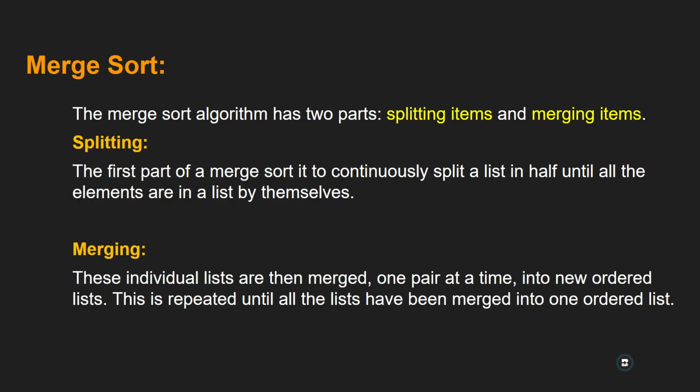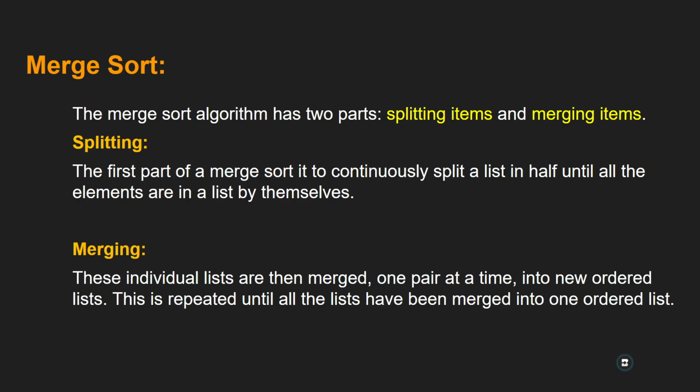What does it mean? Simply, a merge sort algorithm has two parts. First one is splitting items and then merging them together. In the splitting part, it is continuously splitting a list in half until all the elements are in a list by themselves. That's the splitting part.